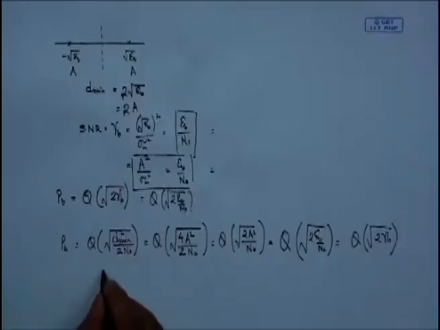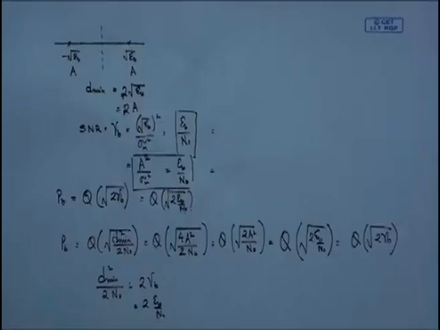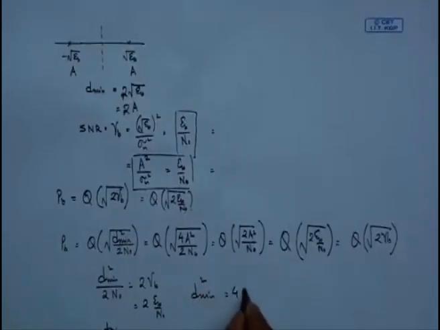And just to draw the equivalence for quick reference later on, d min squared by 2 N naught is equal to 2 gamma b. So this means this is equal to 2 Eb by N naught, or if you cancel out N naught from both sides, you have d min squared is equal to 4 Eb.